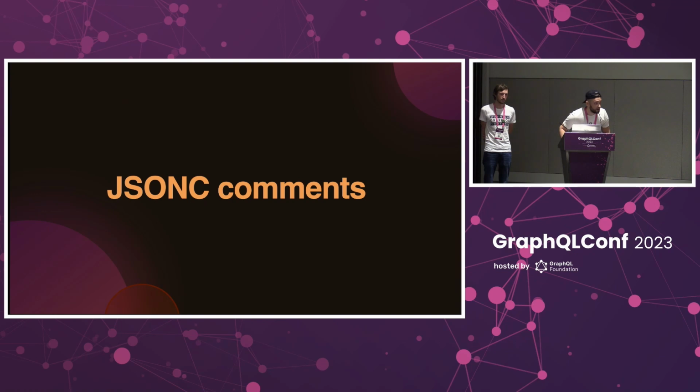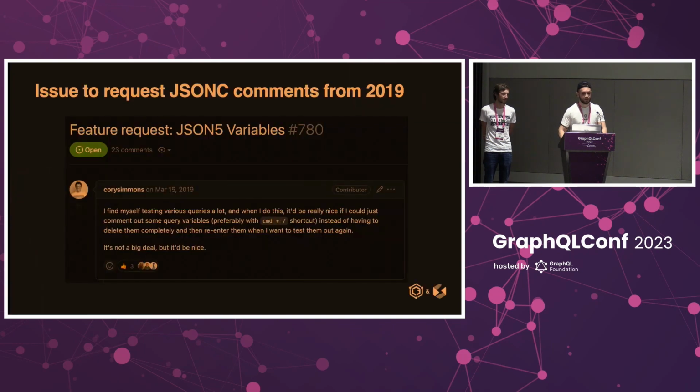With it, GraphiQL will have support of JSON-C comments in variables and headers editors. And the first issue of adding this support was asked 4 years ago. So it was a long time, and now this comes in the v4 version.